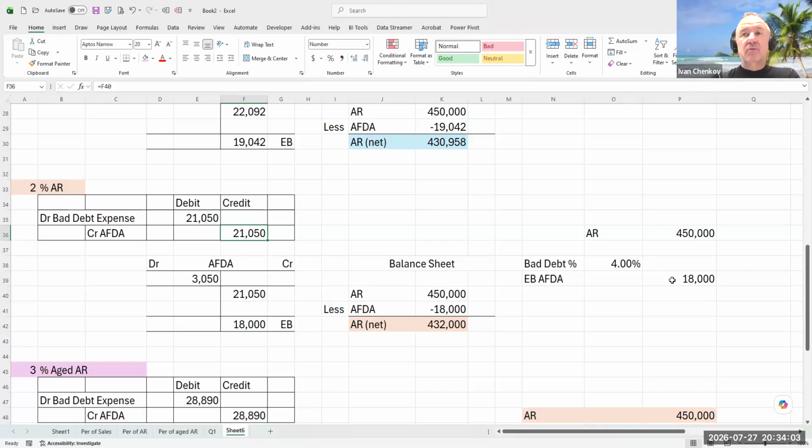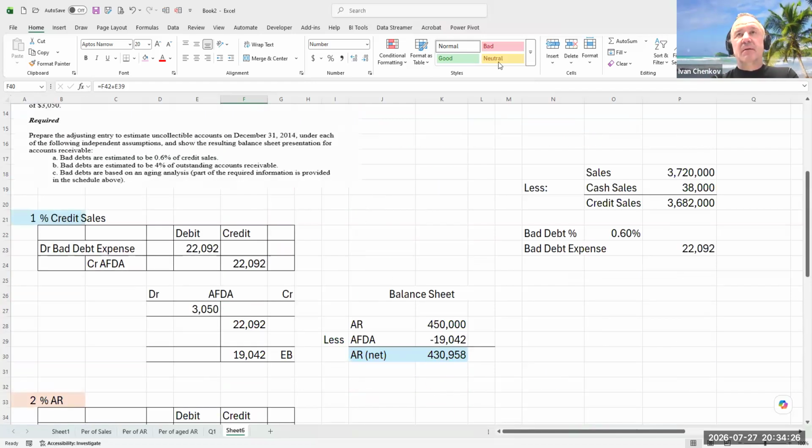So you're doing two calculations. First, calculating the ending balance, and then finding out the adjustment as a journal entry, which you have to do to bring the current balance to the ending balance that you just calculated. That will be the only tricky part for this type of question.